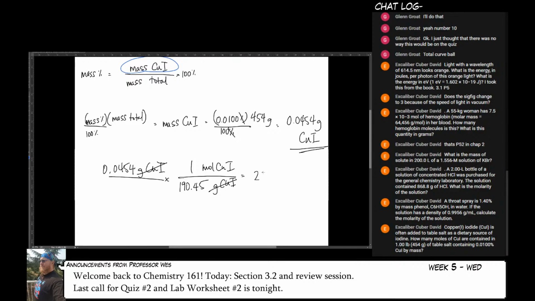And the answer I get is 2.38 times 10 to the minus 4 moles of copper iodide. I hate when I do that. There we go. There you go.